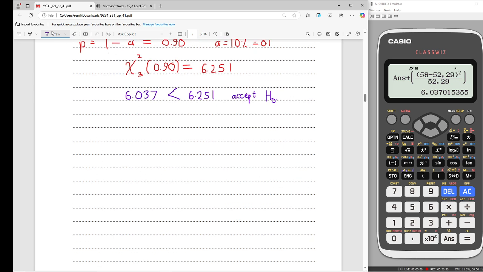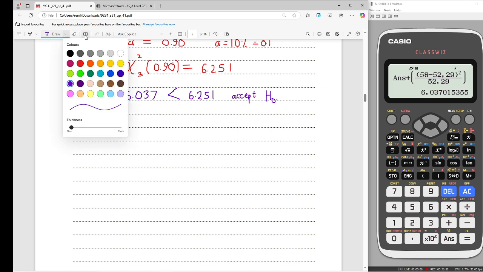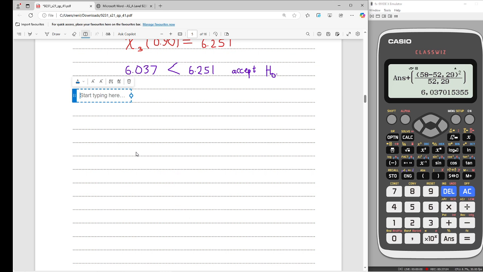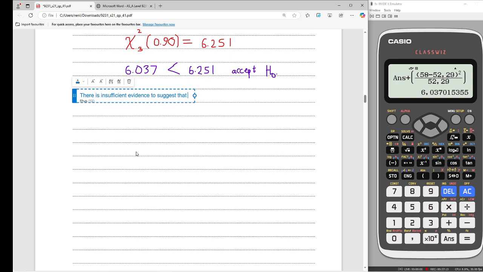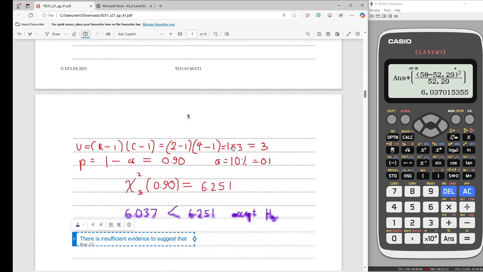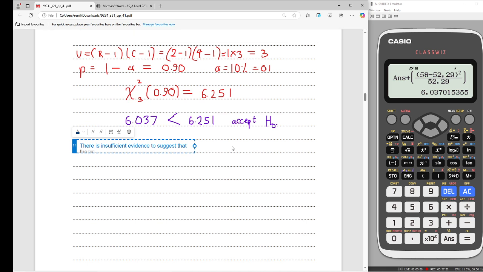Okay, so when we accept H null, there's a certain structure that we follow in our answer. Whenever we accept H null, we say there is insufficient evidence to suggest that, and then we put in our alternative hypothesis, which is that success in the driving test is dependent on the instructor.